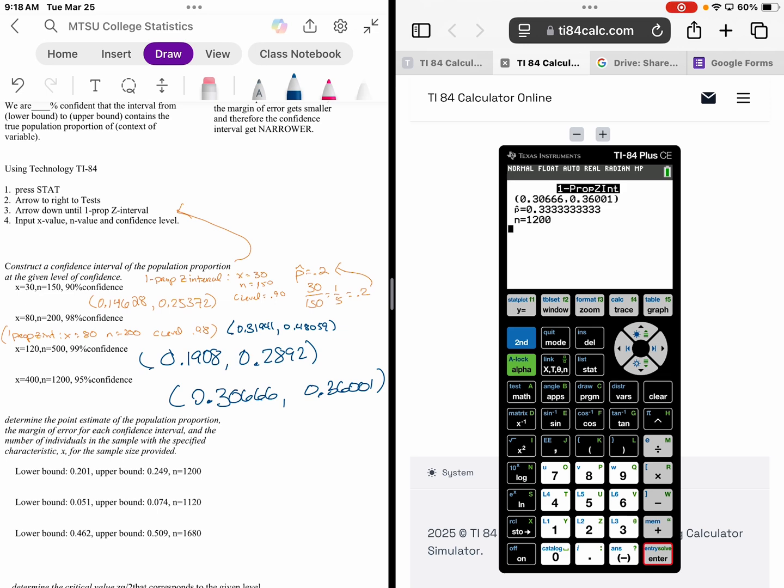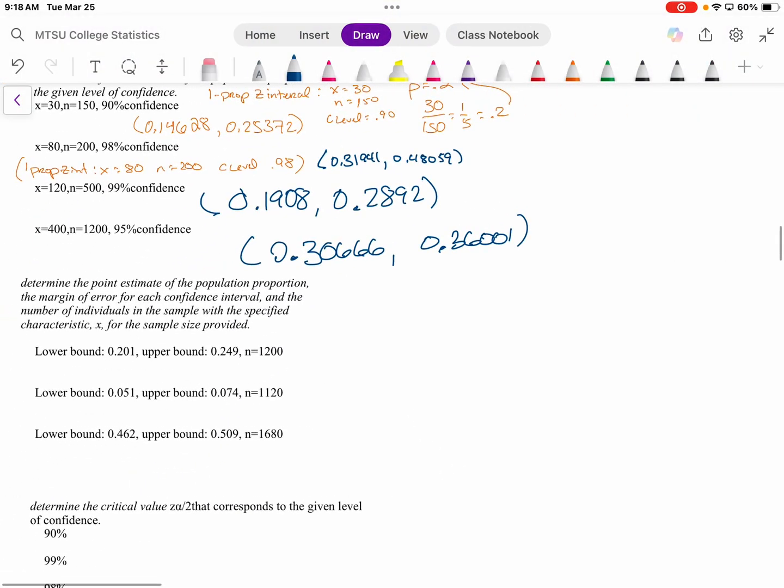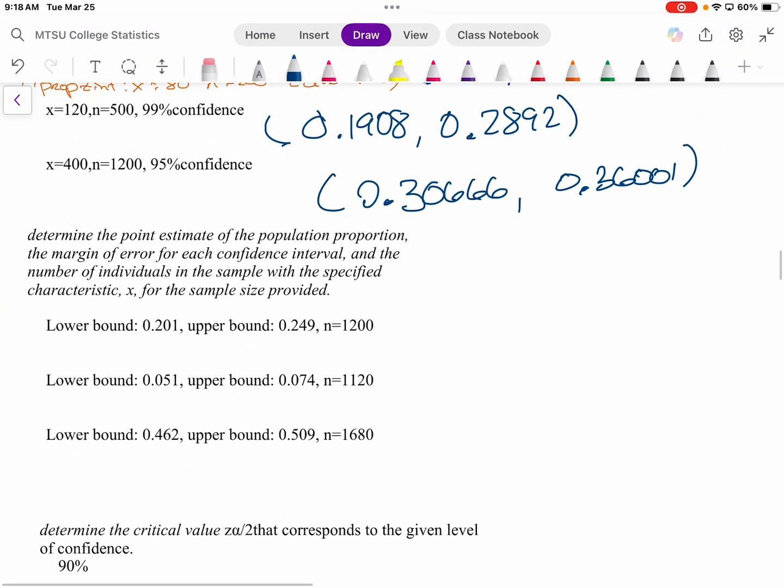All right, next part. They tell me the upper and lower bounds, so they tell me that my confidence interval technically is this. So that's my confidence interval.